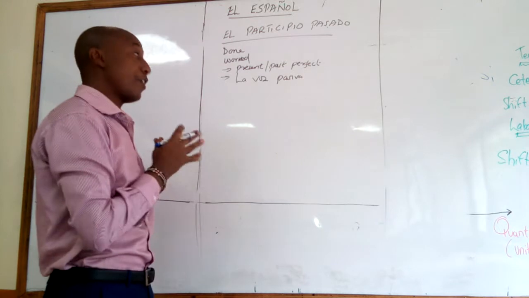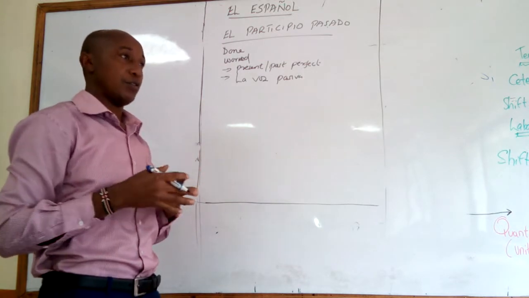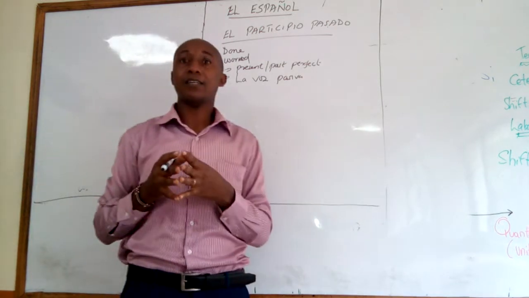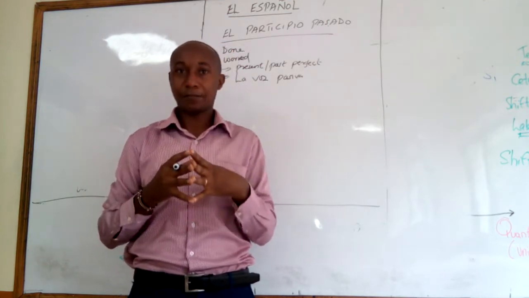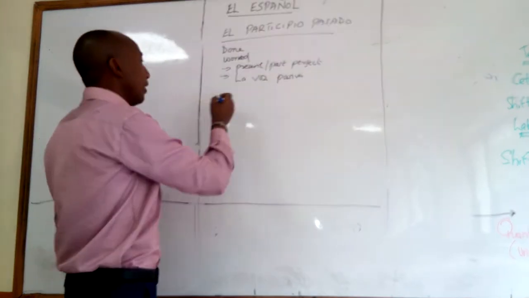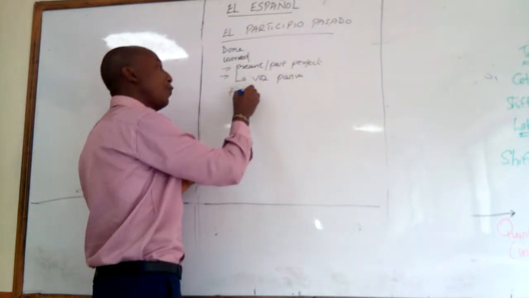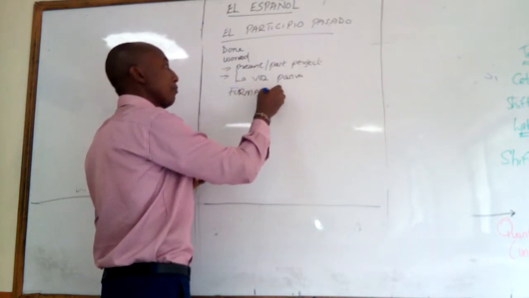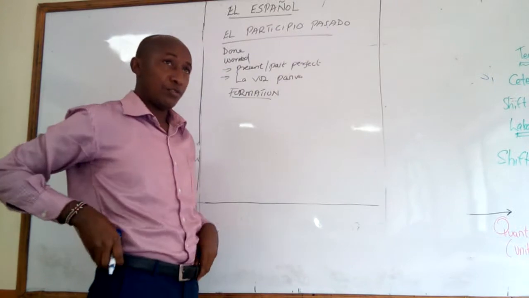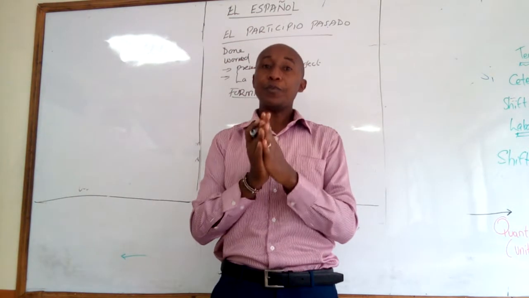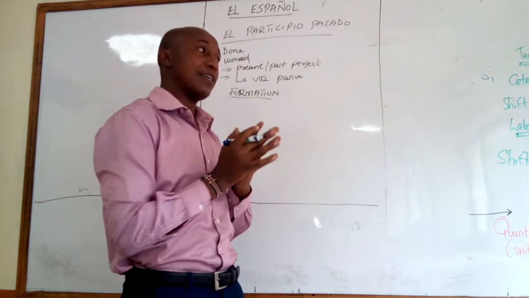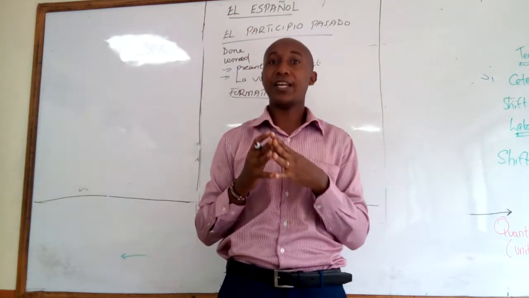So this is very important because talking about the present, talking about the past is a skill that we need to master. And then let's talk about the formation. So how do we form the past participle? As you know from the previous lessons that we've had, when forming a tense, you must understand its regular and irregular verbs.